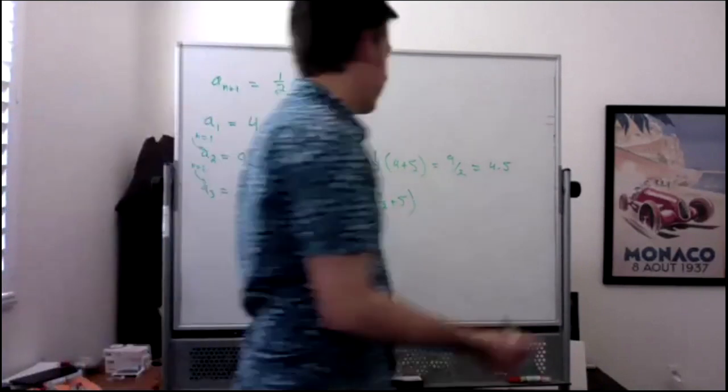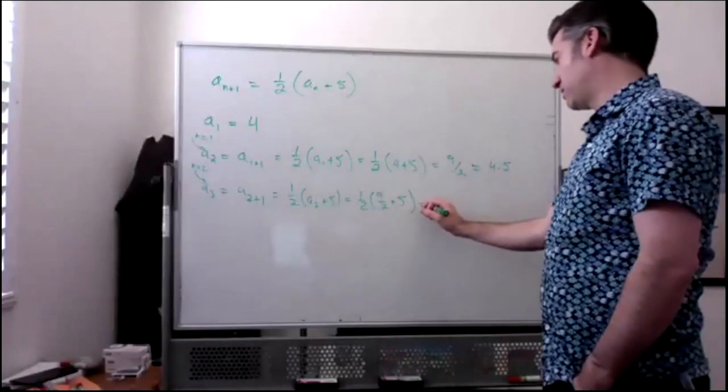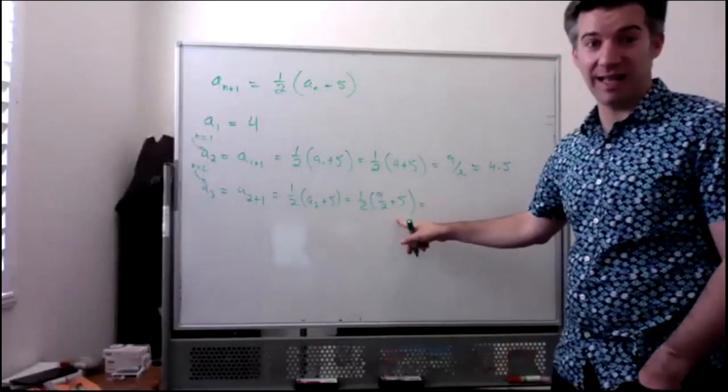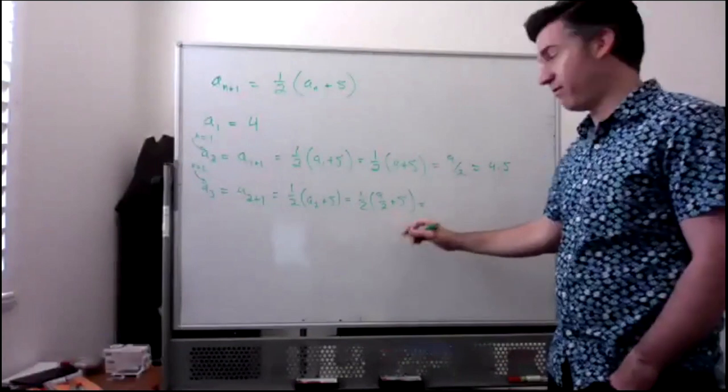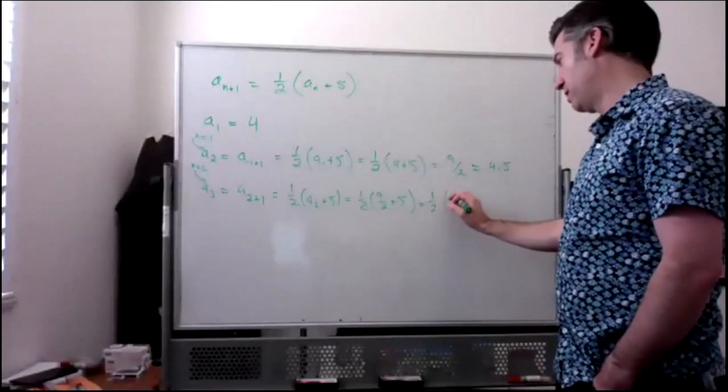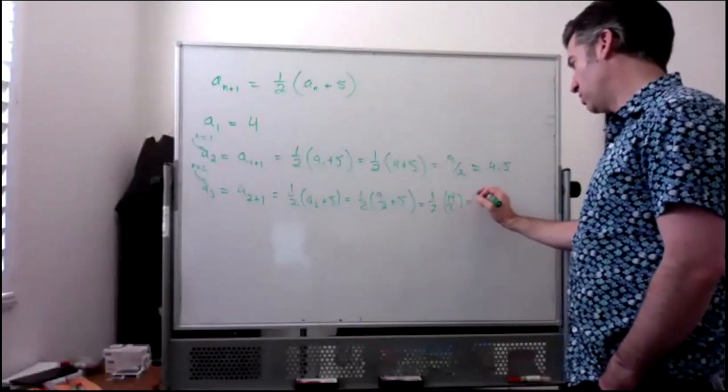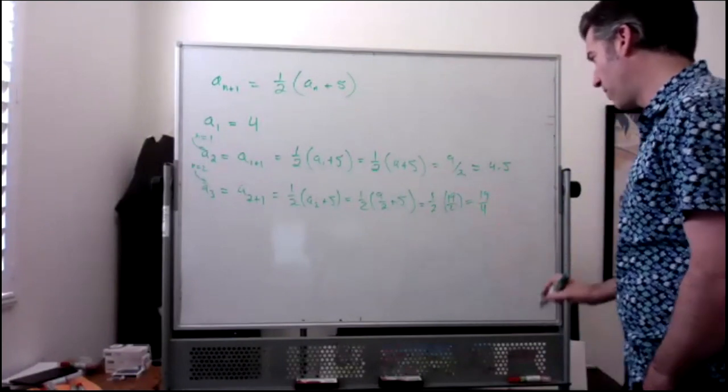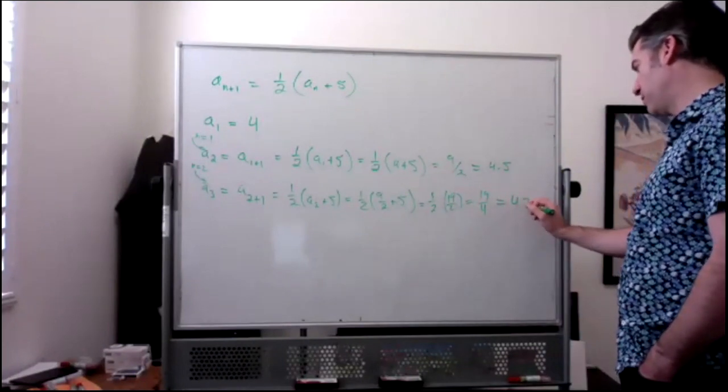And then we do the math. 9/2 plus 5 is 9/2 plus 10/2, which is 19/2. So you get 1/2 times 19 over 2, which is 19 divided by 4, or 4.75, if you like.